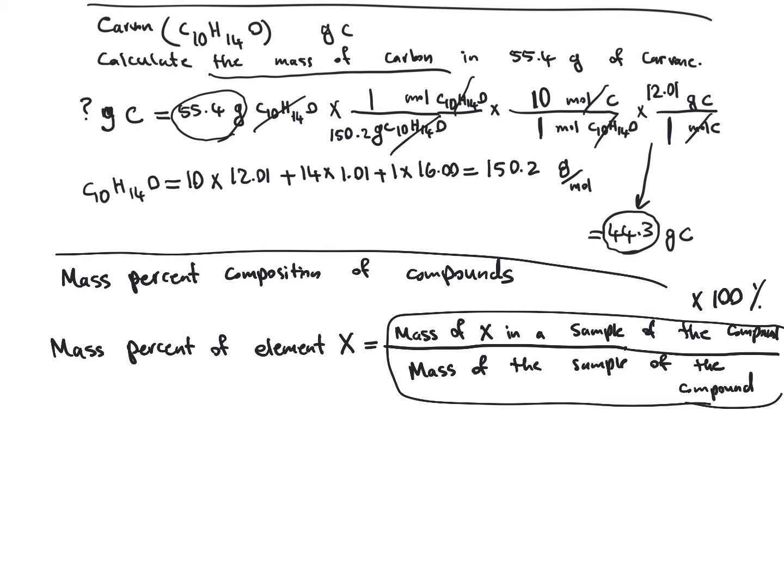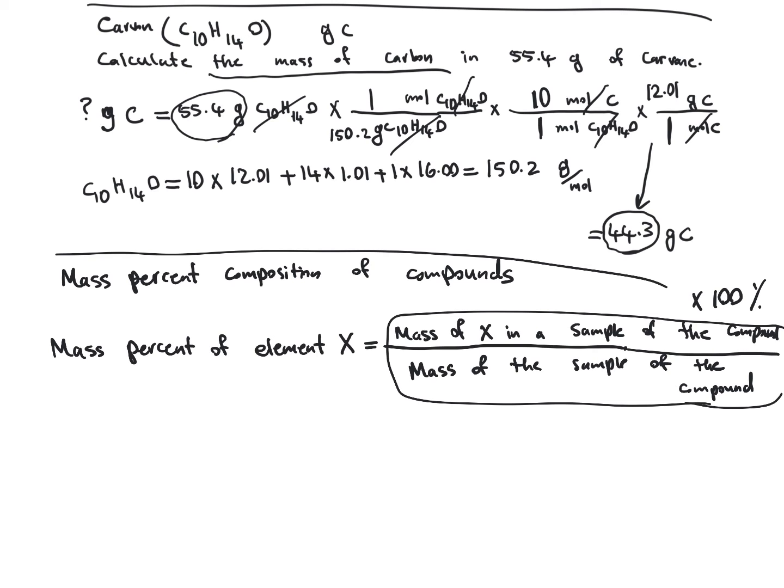So let me also show you the book that did a better job writing this. So you have the mass of the specific element, divide that by the mass of the compound, and multiply by 100. And then you have the mass percent.